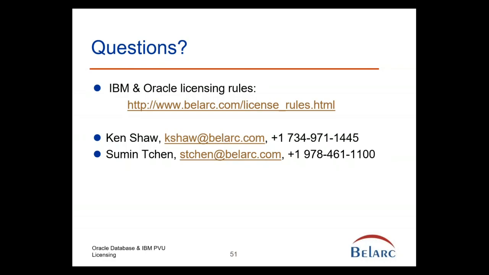This is all automated in Belarc's tools. We automatically discover your Oracle instances, and as Andy described, also the virtual to physical host dependencies and the CPUs required. We do the calculations of the licenses required, normalize that data, and present that to you every day automatically.